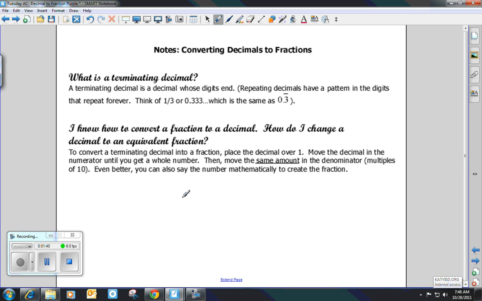So for example, if I have 0.75, I'm going to put that number over 1. And then if I multiply this top number by 10, 0.75 times 10 is 7.5. If I do it on the top, I have to do it on the bottom, and I'll get 10 on the bottom.